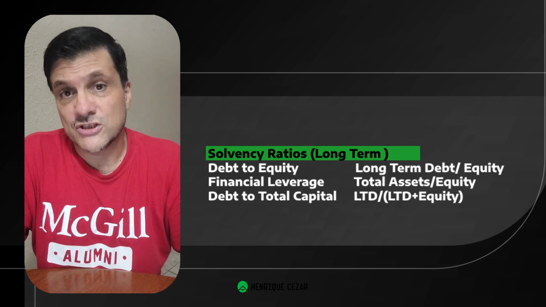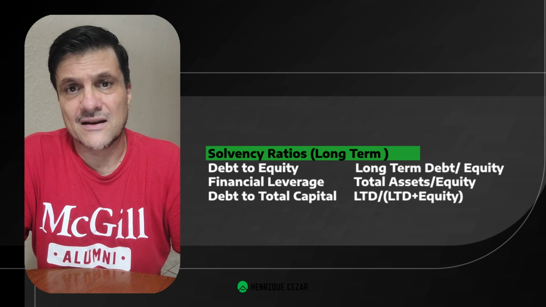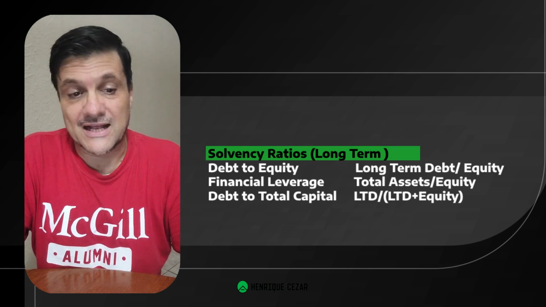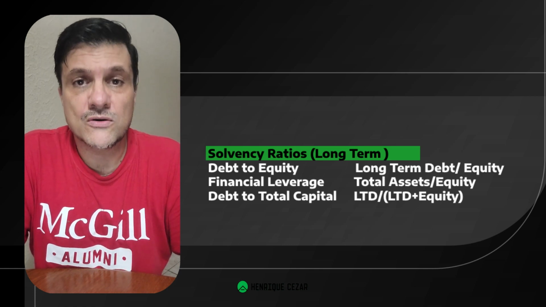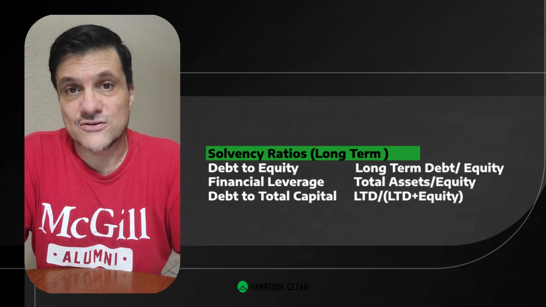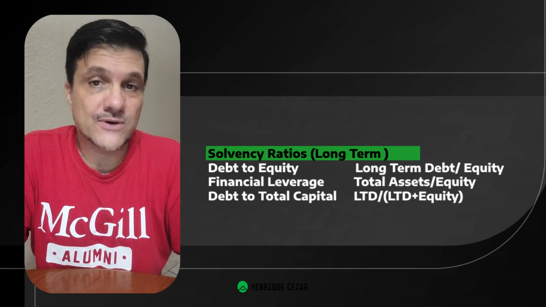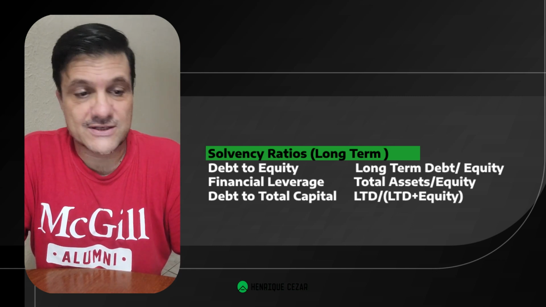Financial leverage, yes, definitely chances to show up either in equity or financial statement analysis, because financial leverage is used in the DuPont identity to calculate the return on equity, and return on equity is used in the topic of equity for the CFA exam.